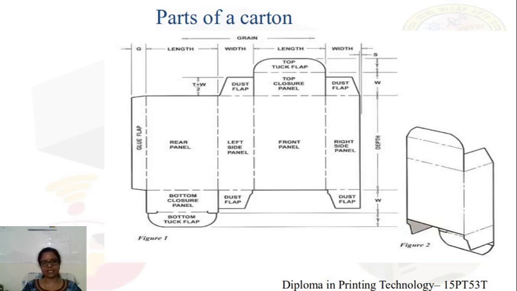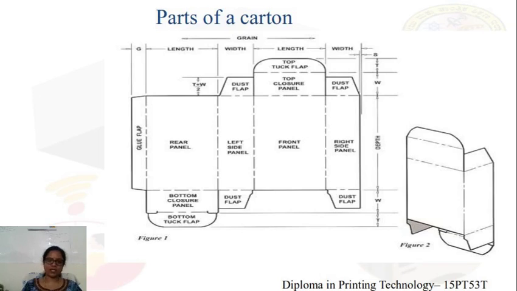Next come the left side panel and the right side panel. They should also be related to each other so that they make a perfect sleeve shape, thus forming a folding carton.